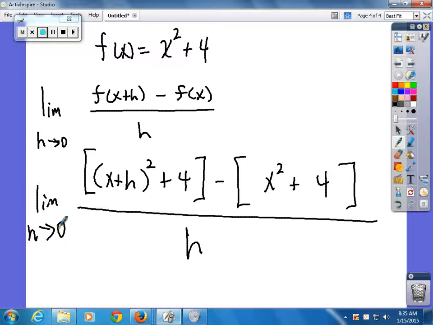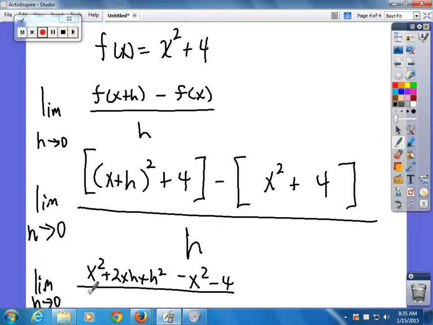All right, now you do your handy algebra. So what is this? Shortcut number 1. So that'd be x squared plus 2xh plus h squared. The limit as h approaches 0 of x squared plus 2xh plus h squared minus x squared minus 4, all over h.